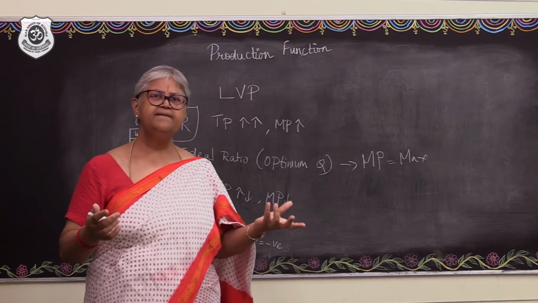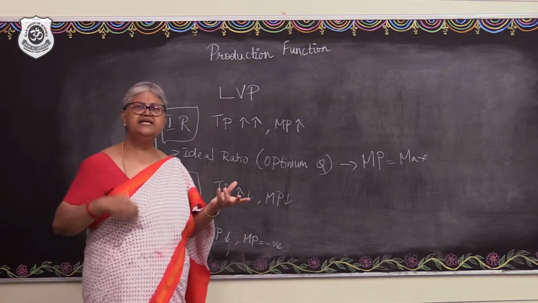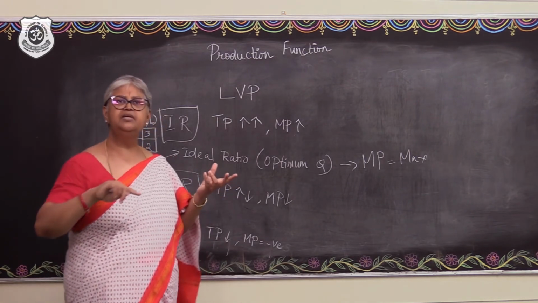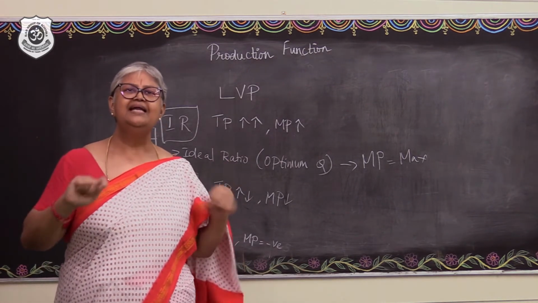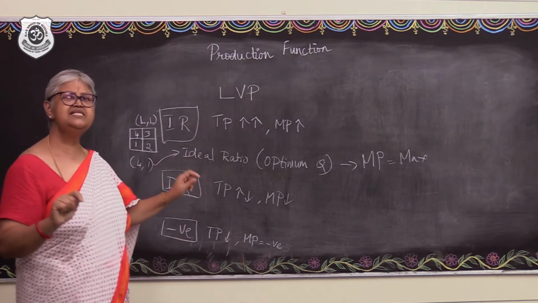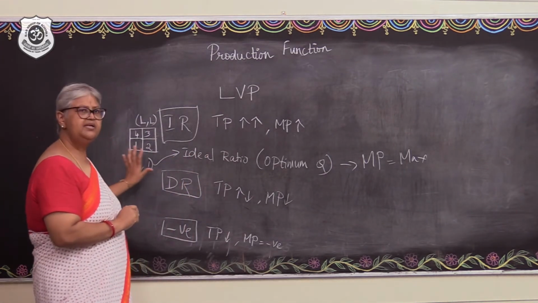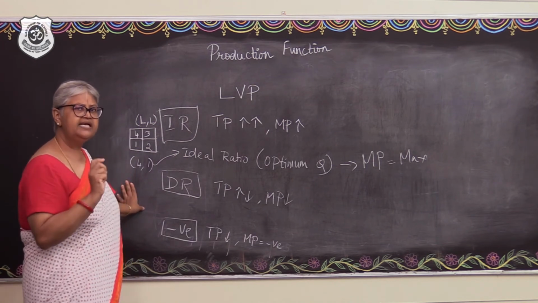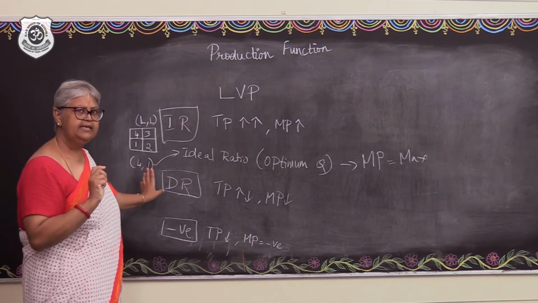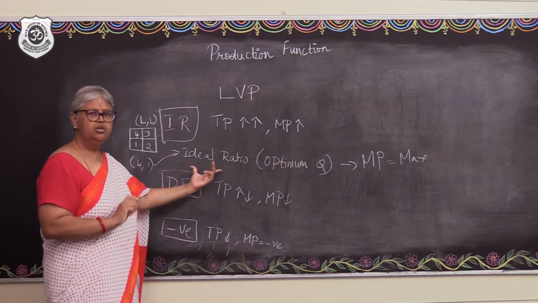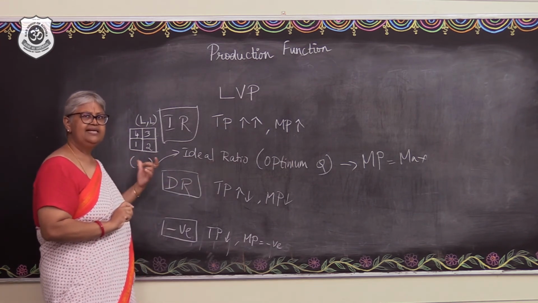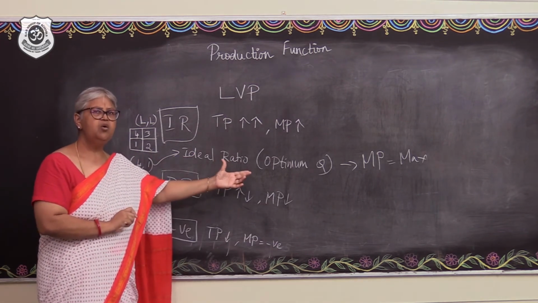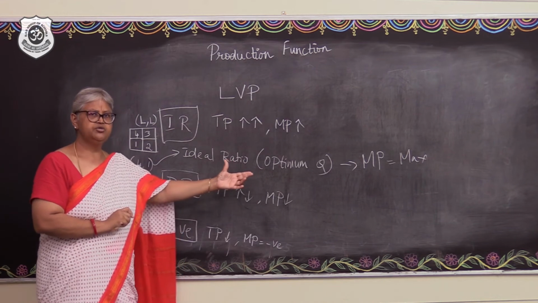So what happens then? When more people are going to work in a place where less is required, the additionally employed people are going to be contributing less. That's precisely what happens here. Now 4 people, they were contributing just the right amount. They were completely utilizing the fixed factor, namely the land, and the ratio of the labor and the land was the ideal ratio, and that gave the optimum output without straining of the resources.